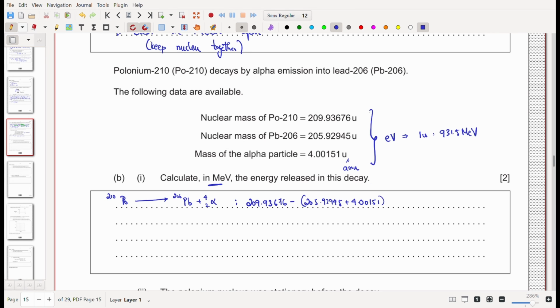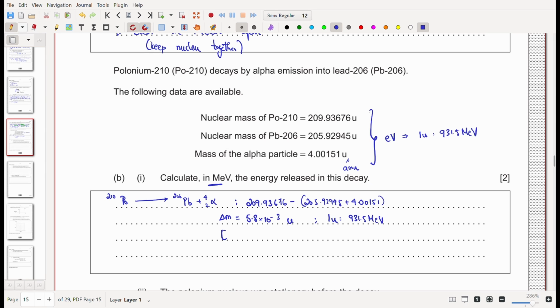You're gonna have to insert this into a calculator as well, so you need to be really careful about how you write them out and type it in, because one single mistake and your value is off by 10-15 mega electron volts. So watch out. This gives delta M as 5.8 times 10 to the power minus 3 U. Now, let's use the conversion. 1 U is equal to 931.5 mega electron volts and solve.